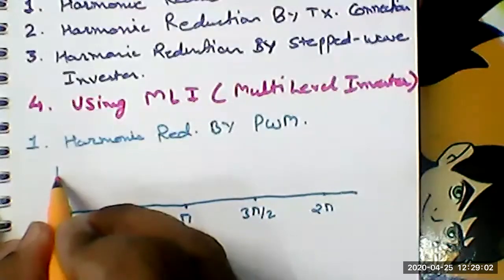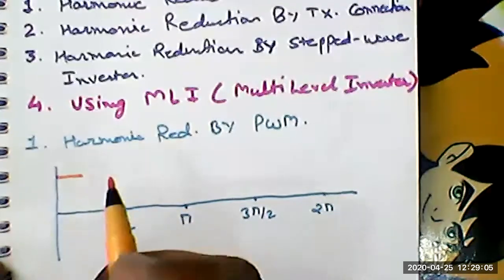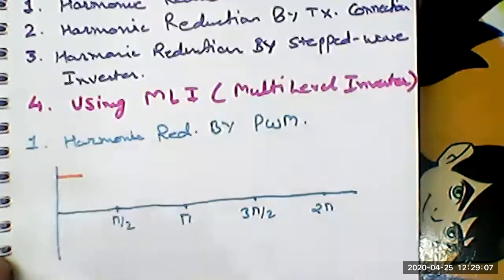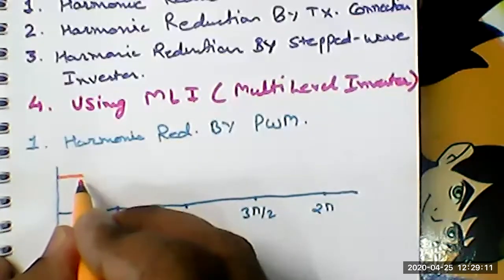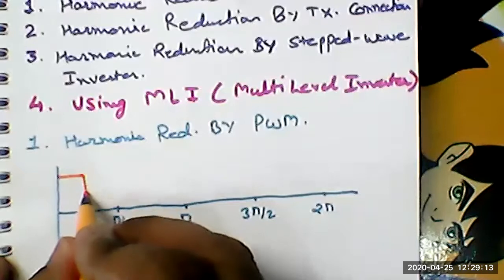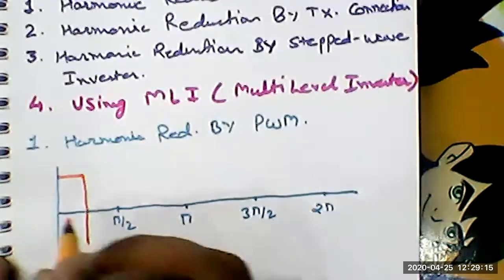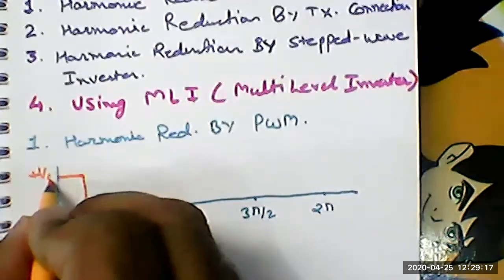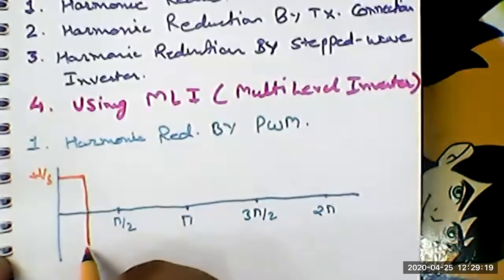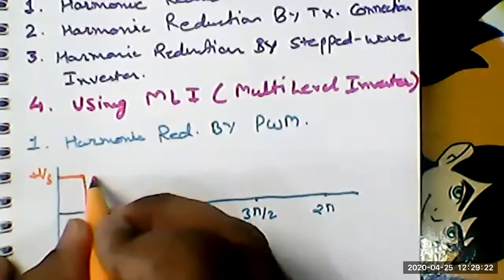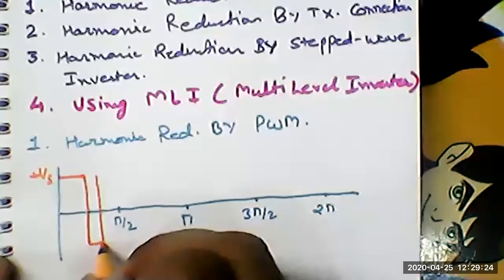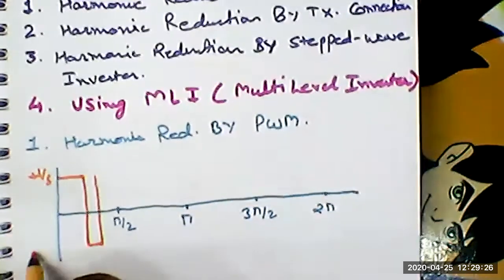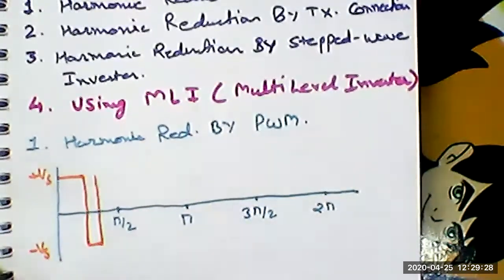Now we trigger our S1 and S4, that means the diagonal devices, in such a way that we are having this much time plus Vs voltage. And now for this much duration we have minus Vs.